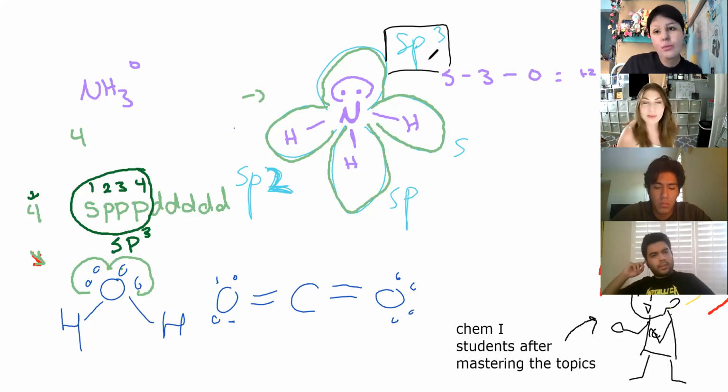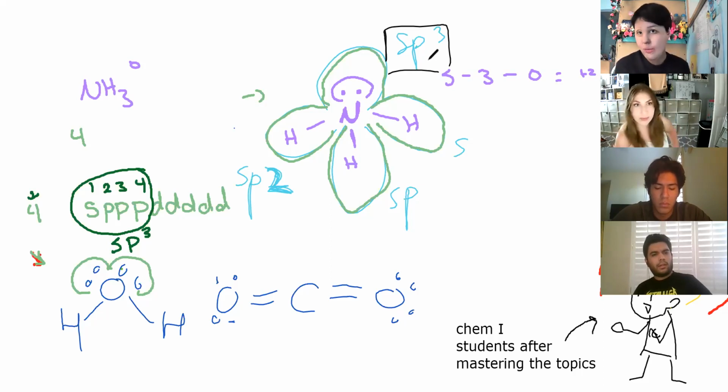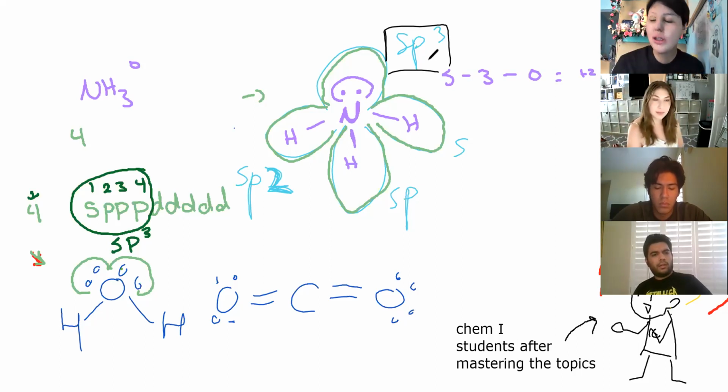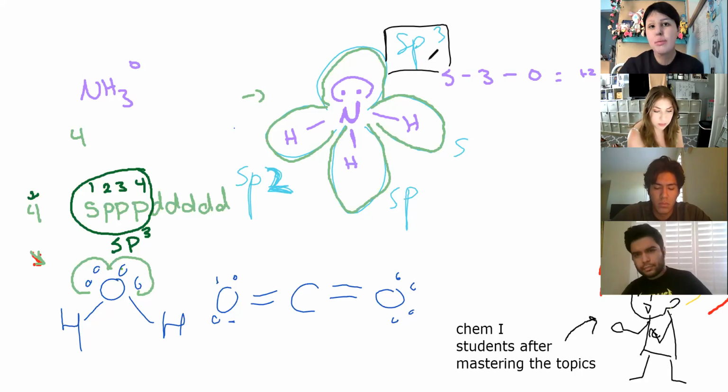Double bond? Not quite. Well, the bond has a little bit to do with it. It has to do more with what elements are bonded to each other. It doesn't matter if it's a single, double, or triple bond. It matters what the elements are.